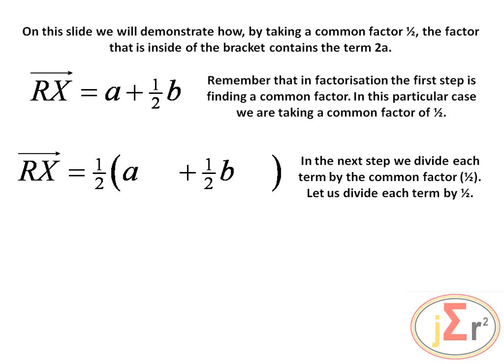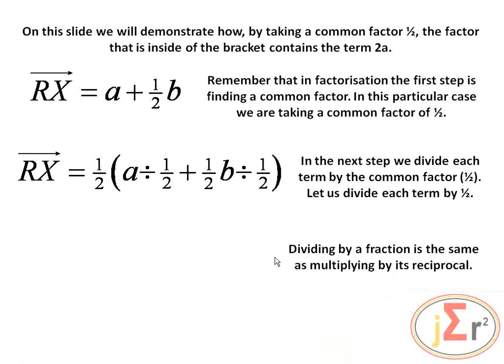Let us divide each term by a half. So in factorization, we take the common factor and we divide each term by the common factor. After dividing each term by a half, what do we do? Make use of the fact that dividing by a fraction is the same as multiplying by its reciprocal.